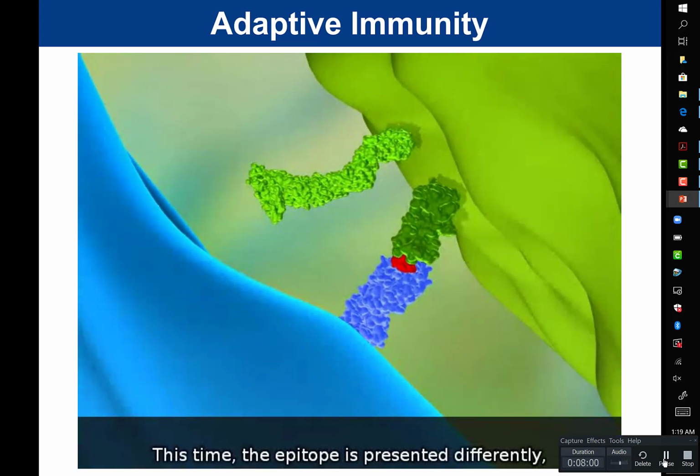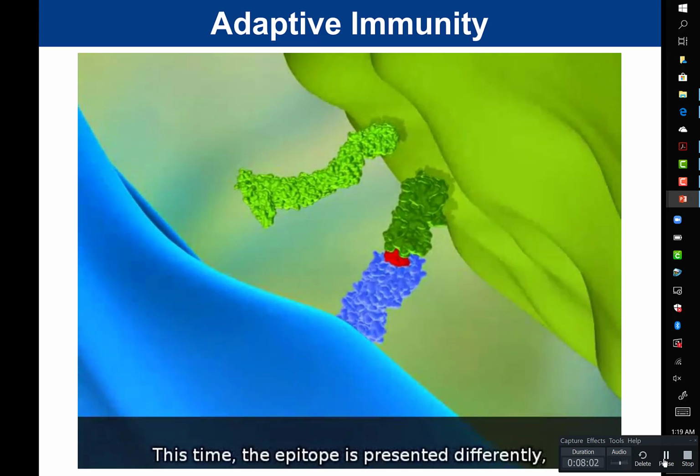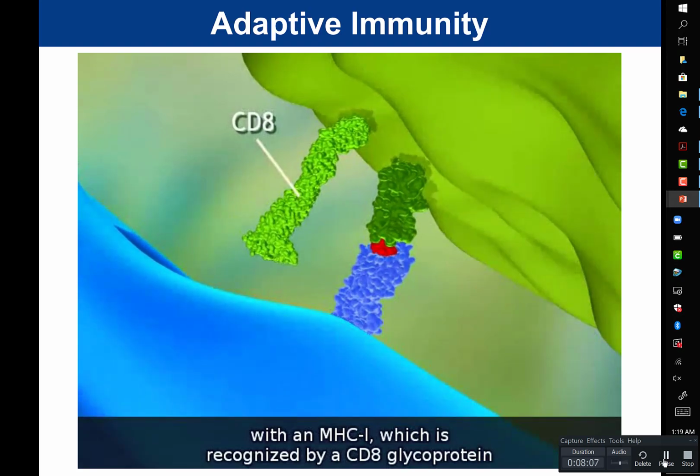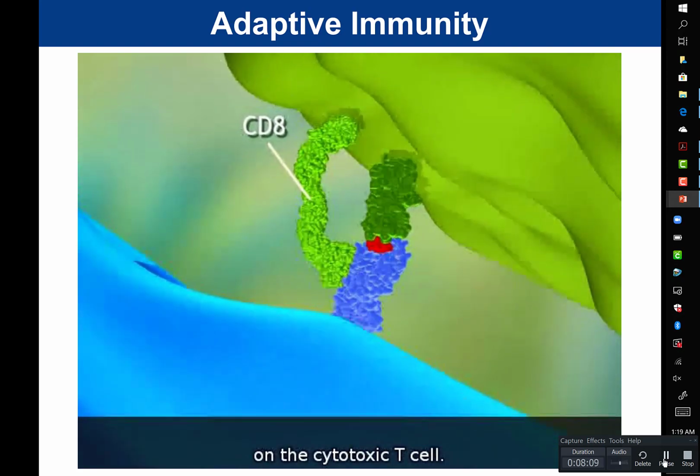This time, the epitope is presented differently, with an MHC1, which is recognized by a CD8 glycoprotein on the cytotoxic T cell.